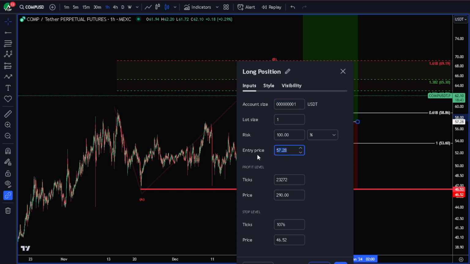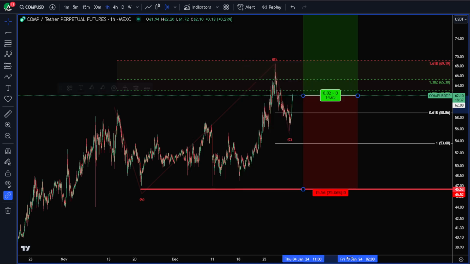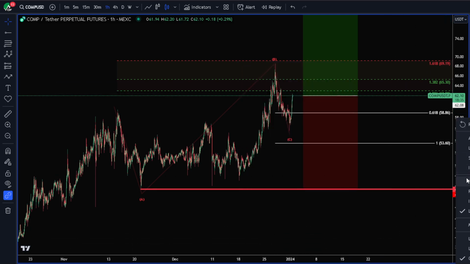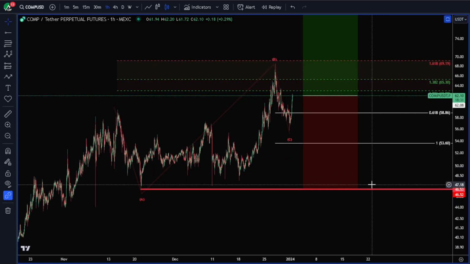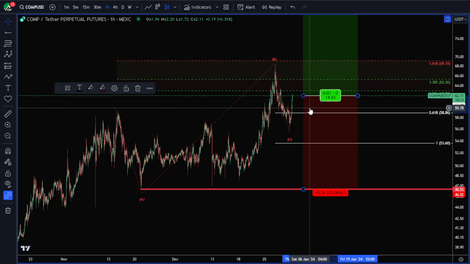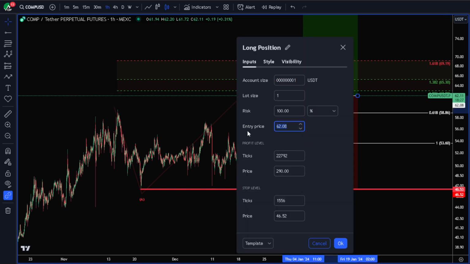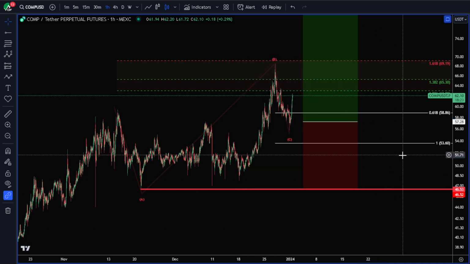My entry was an average of, sorry, 57.28. Okay, that makes sense. So I was buying just in the middle of this last drop.